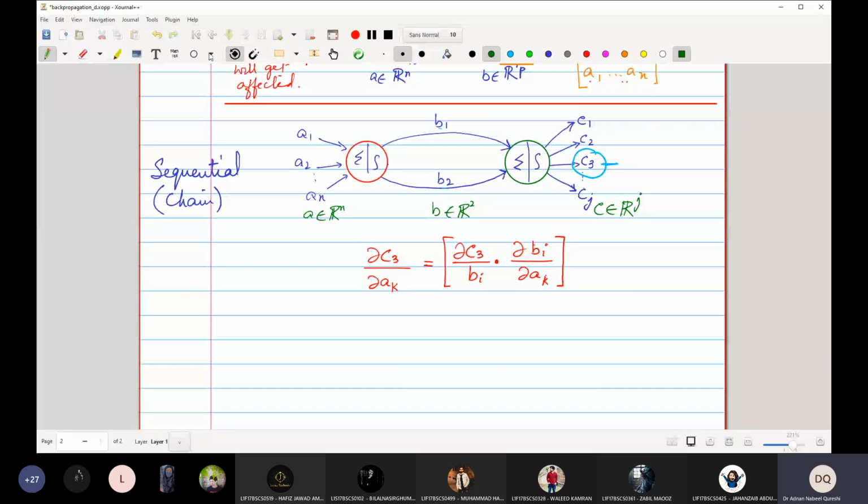Any questions regarding this? You have studied this in calculus. I am assuming that you know it, and you know it much better than I do.